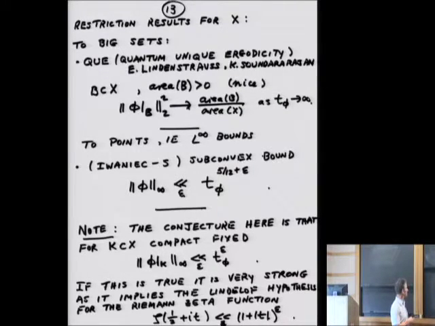And that is, if I restrict phi to a ball, or to any nice positive measure set, then the L2 restriction will converge when the eigenvalue goes to infinity to the area of B over the area of X. In other words, the mass that it gives to the set B is roughly just the ratio of volumes. In particular, it doesn't go to 0. So if B is a ball and it's fixed, the mass can't disappear on you on that ball.